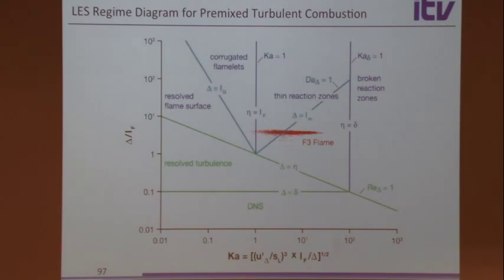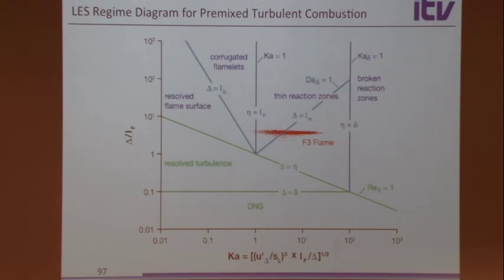Locally, of course, you have turbulent fluctuations. You have variations in u prime and in all these quantities, and so you get a very broad distribution. Even if this is my nominal value, I get much smaller Karlovitz numbers and also much larger Karlovitz numbers. And the F2 flame even goes locally into the broken reaction zones regime. So that's one thing to be mindful of.